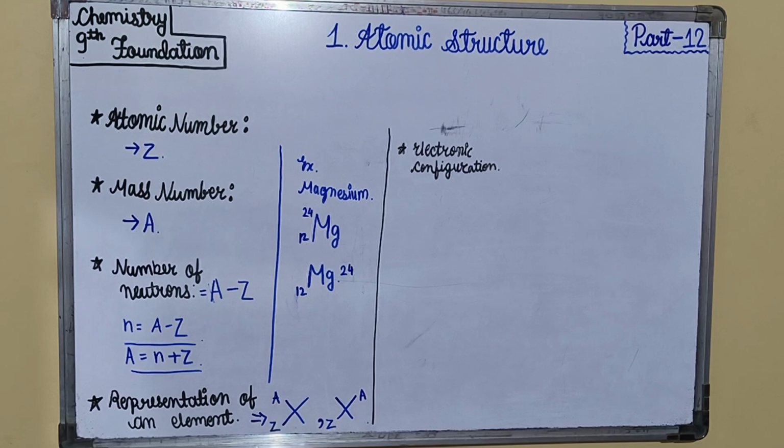So there are rules for representing the electronic configuration, that is by Bohr and Bury.